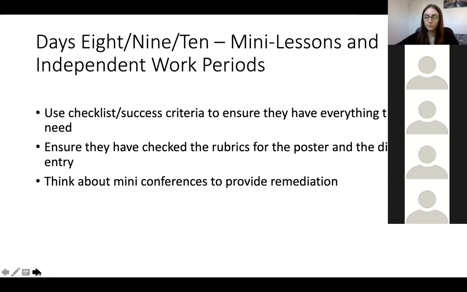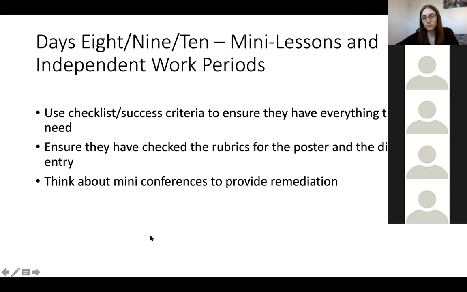You also want to make sure that before you set them off to work independently on these 3 days, they've checked the rubrics for the poster and for the diary entry. And I would be asking them, tell me what it is that you're supposed to do. Check their understanding so that they're not missing something, they're not leaving something out.